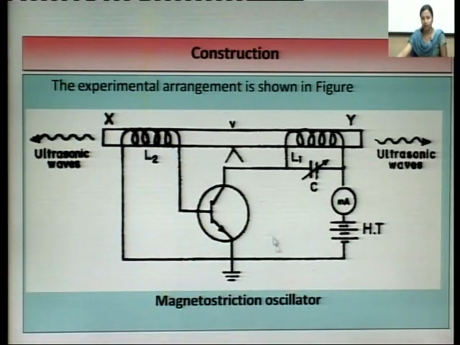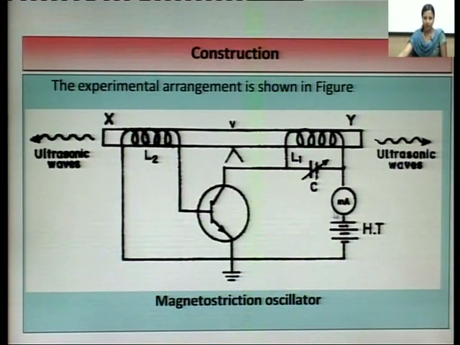This one is the magnetostriction oscillator. Here XY is the rod, and these two are inductors L1 and L2, and C is a variable capacitor, and this is a transistor.